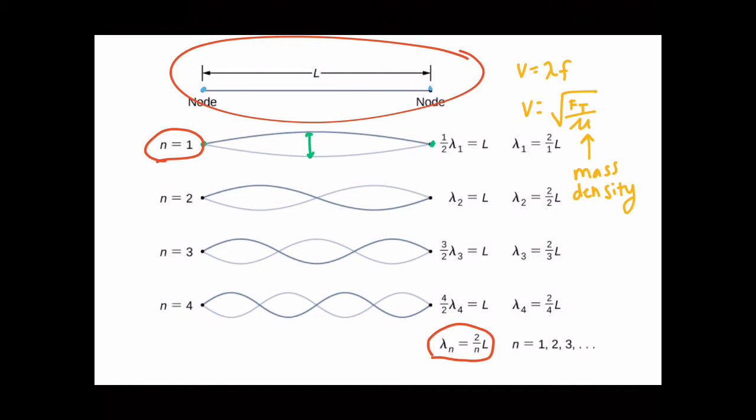The mass density is generally kilograms per meter, so it's how much mass per unit of length is on the string. All of this goes into how fast the wave is traveling, and thus the frequency and the tone of sound you're going to hear for each harmonic and for each string.